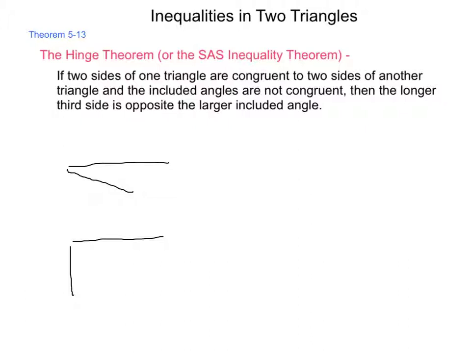If we were to construct a third side, making these triangles, the larger included angle is going to be opposite the longer side. So this side right here is longer than this side here because this angle is larger than this angle. So we can use this to find relationships between triangles.